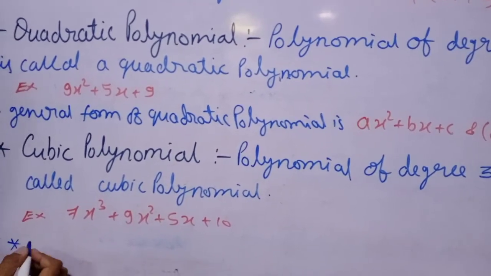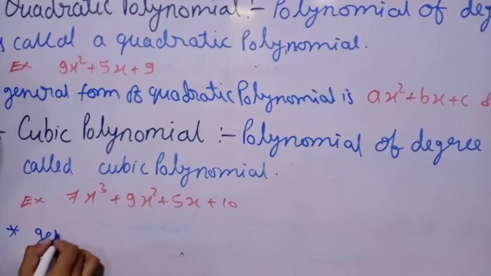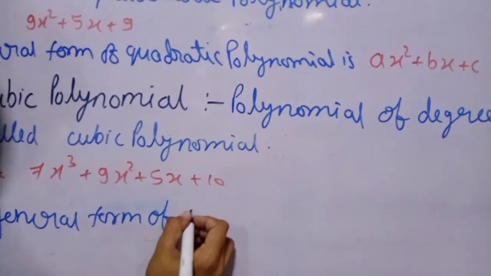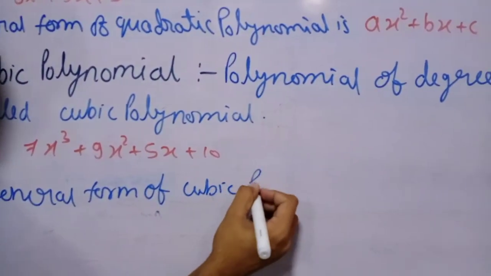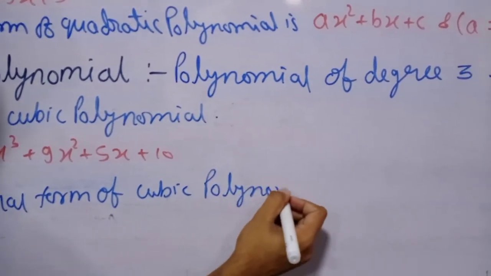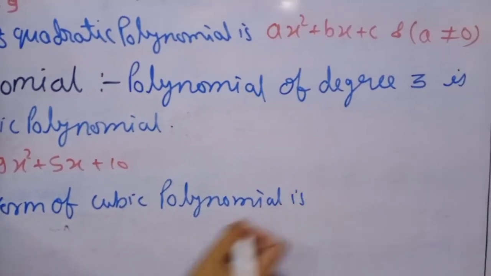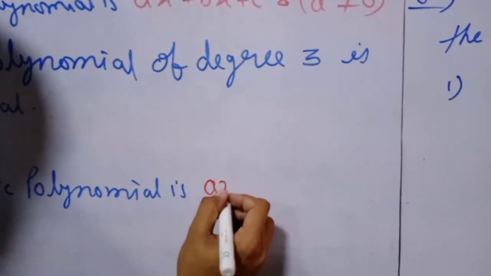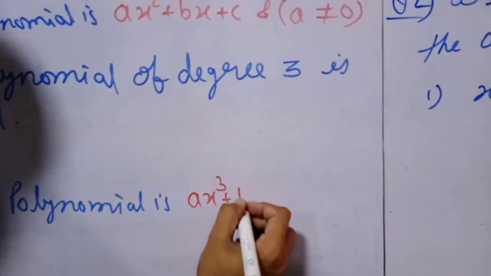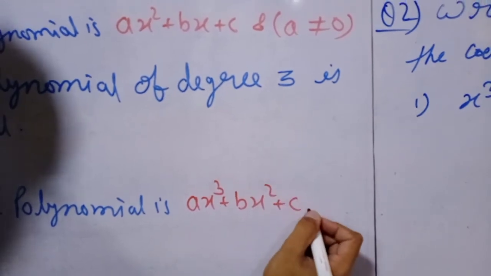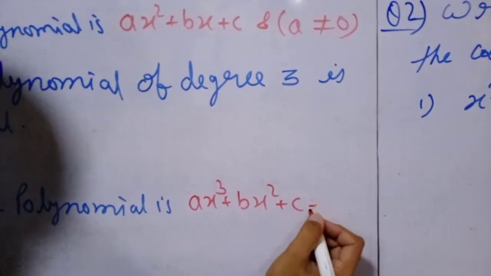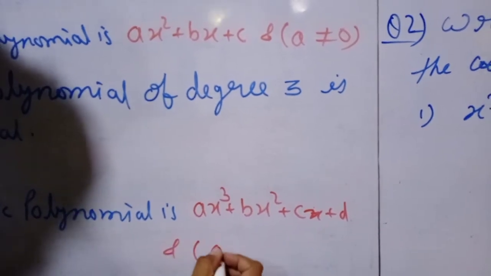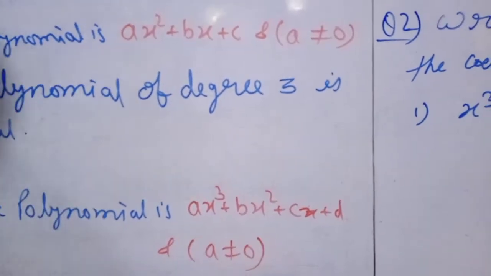The next concept, that is the general form. The general form of a cubic polynomial is ax cube plus bx square plus cx plus d, and a is not equal to 0.